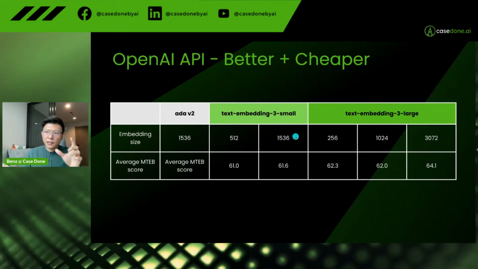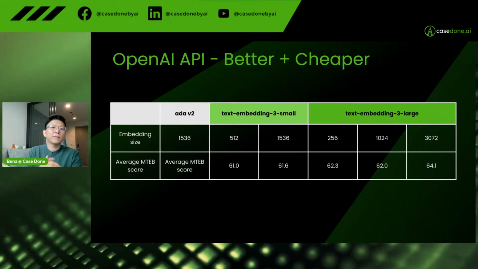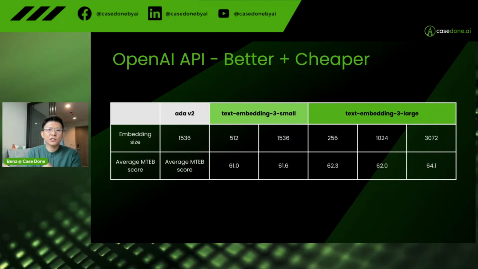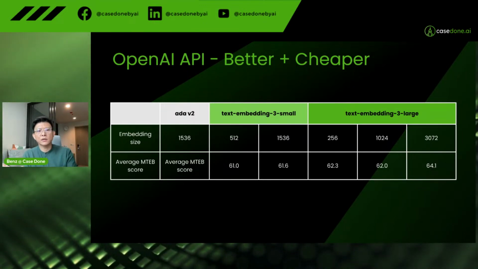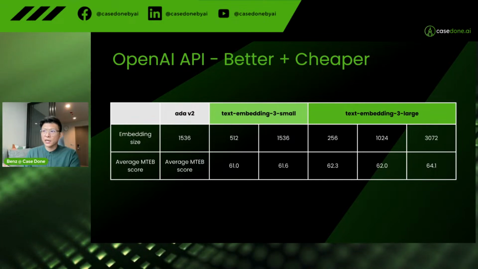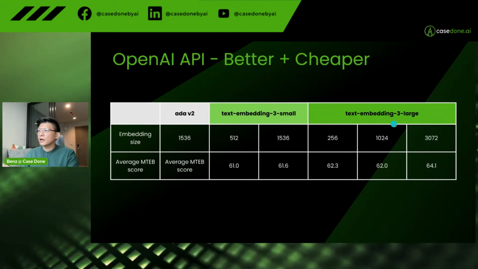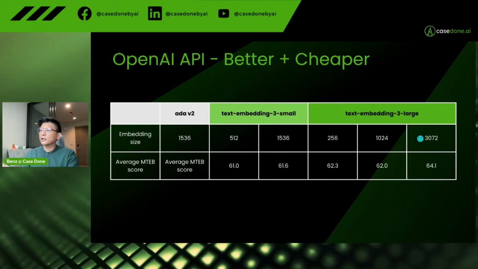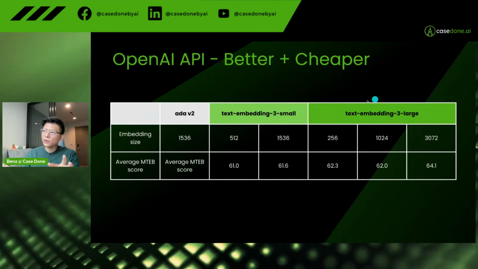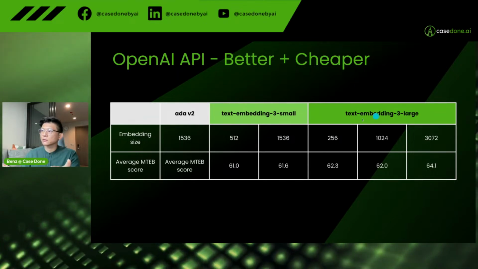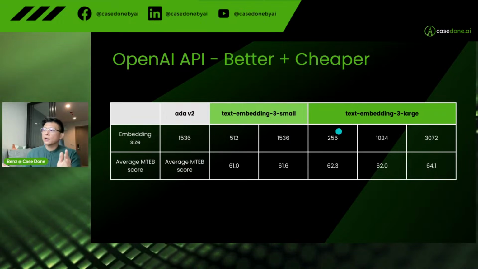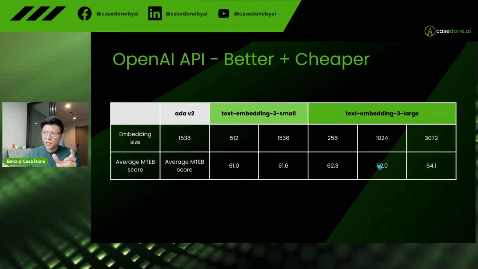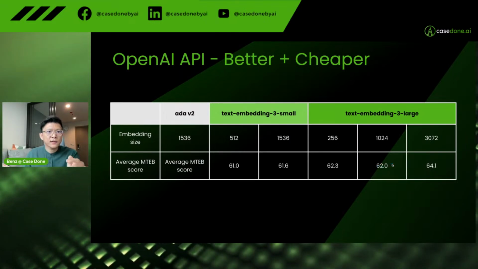But again, the longer the vectors, the more computation and storage you need to handle such RAG computation. But OpenAI shows that, assuming you are using the embedding 3 large model, you can shorten the sequence and keep the performance relatively well.